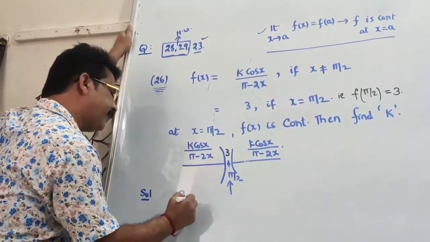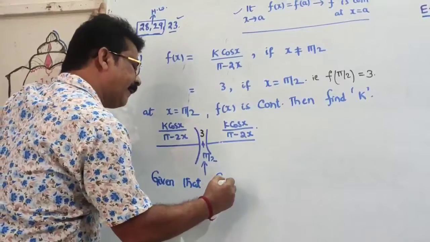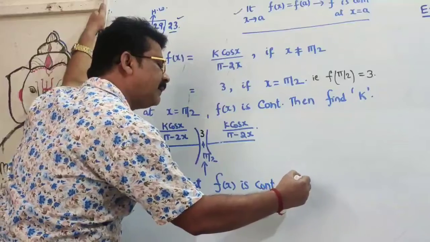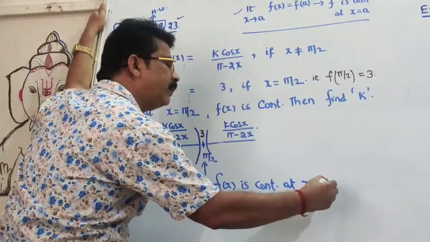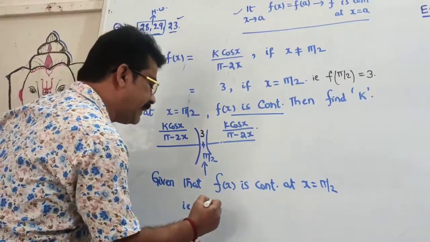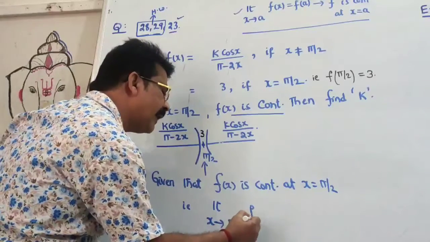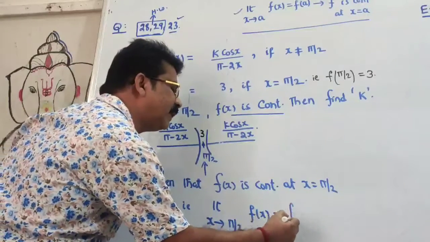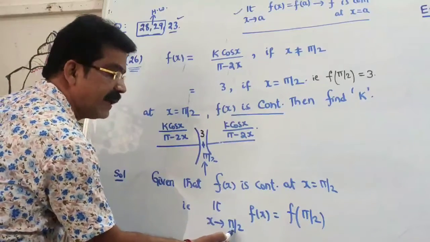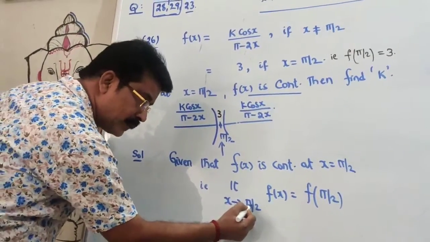Given that f of x is continuous at x equal to pi by 2. It is given in the question. So limit x tends to pi by 2, f of x is equal to f of pi by 2, just like limit x tends to a, f of x equal to f of a. x approaches pi by 2 means x is not equal to pi by 2.